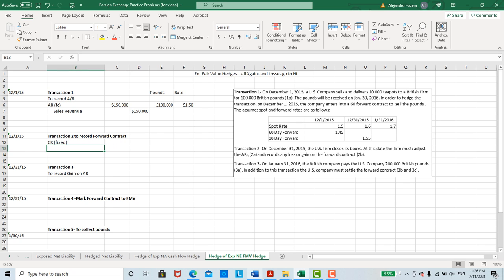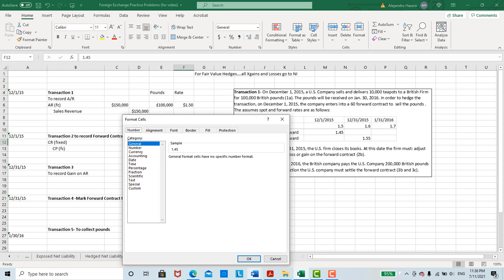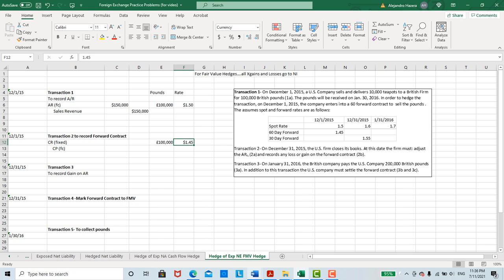Let's say so that's contract receivable fixed, and we're going to have a contract payable. This one is going to be denominated in foreign currency, so I'm going to put an FC sign there. And this is going to be valued at 1.45, which, if you notice, is the 60-day forward rate on a contract.